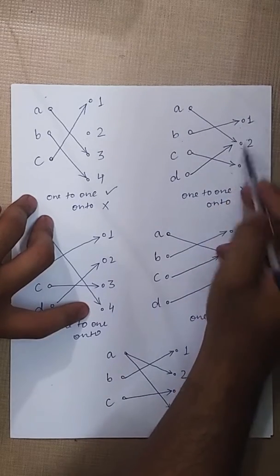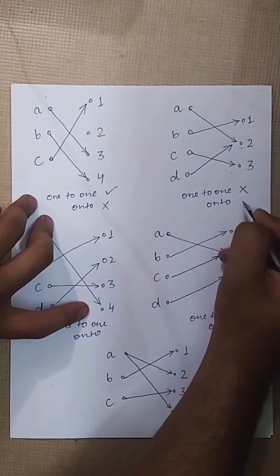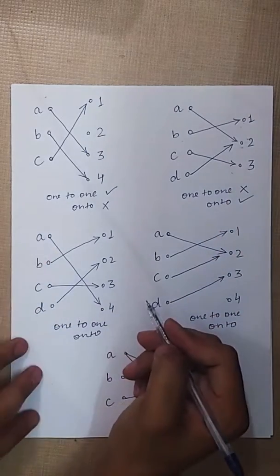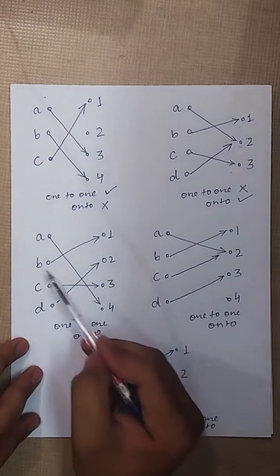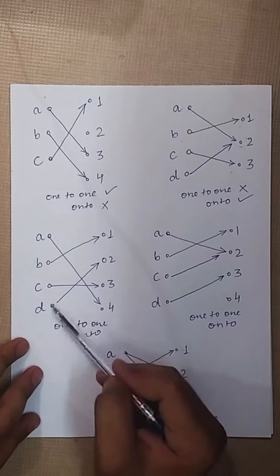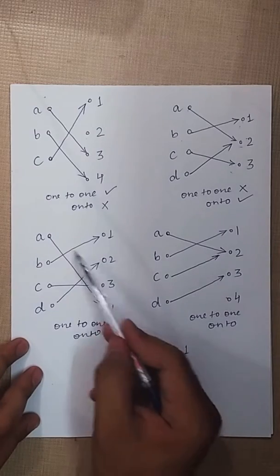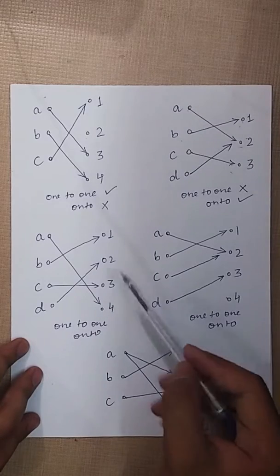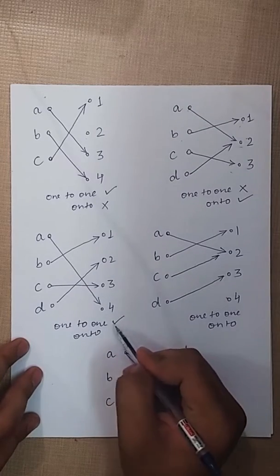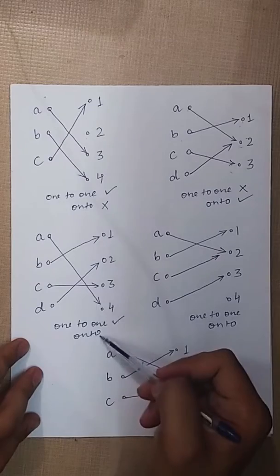Yes, all the elements from the codomain are fully covered. This example: all the elements from the domain are mapped to unique elements. So this is a one-to-one function. Is it onto? Yes.